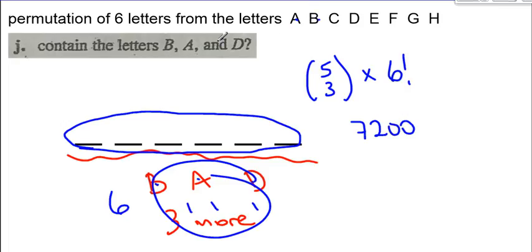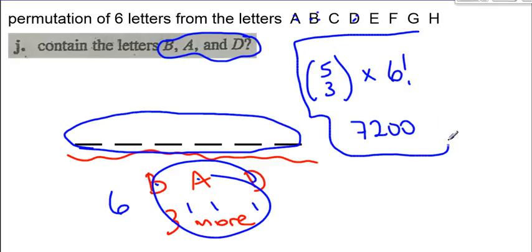So I'm trying to think of how many ways could I make a permutation of 6 that doesn't include B and A and D? And that's actually going to be pretty complicated, because A and B would count, B and D would count, just D would count. So you know what? I'm not going to show you another method, because this method was by far the easiest, which is to include choosing and then positioning. And I think that's the end of the questions.